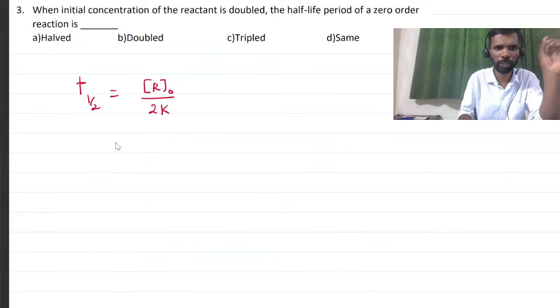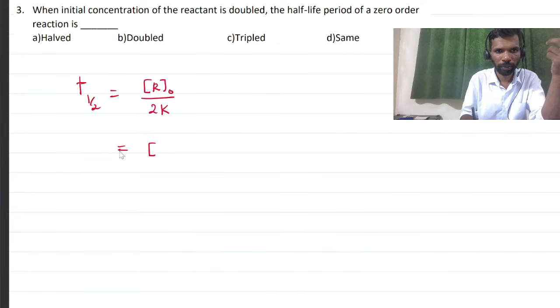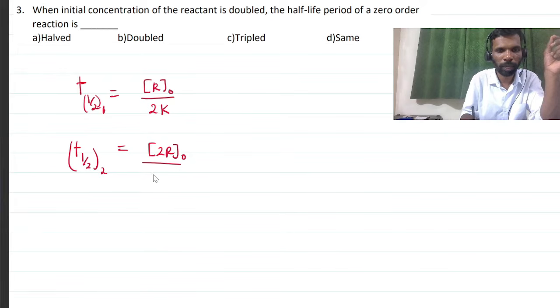When the initial concentration is doubled, I will write this as t half 1. Now if you change the initial concentration to 2 times R0, it becomes 2 times R0 upon 2 times K. If I take this 2 out, it is 2 times R0 by 2K.